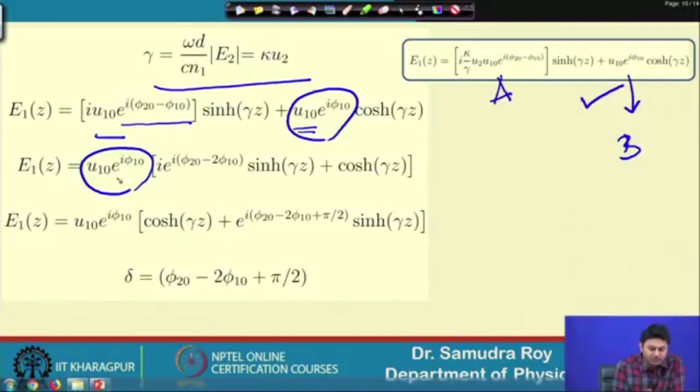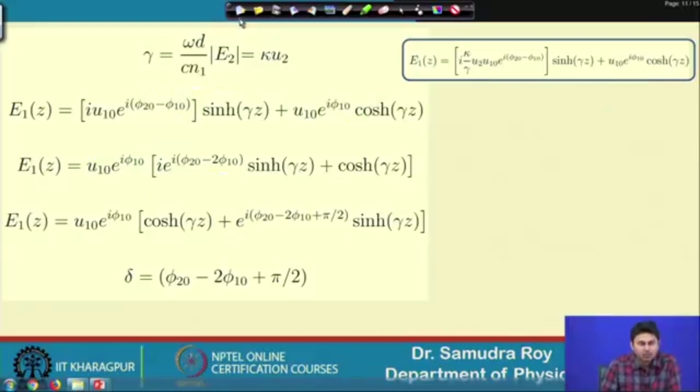So, I am taking common e to the power of i phi 10, and that is why a 2 term is appearing to compensate that quantity. So, eventually we will have u10 e to the power of i phi 10 common, then inside the bracket we have i e to the power of i phi 20 minus 2 phi 10 sinh gamma z plus cosh of gamma z.